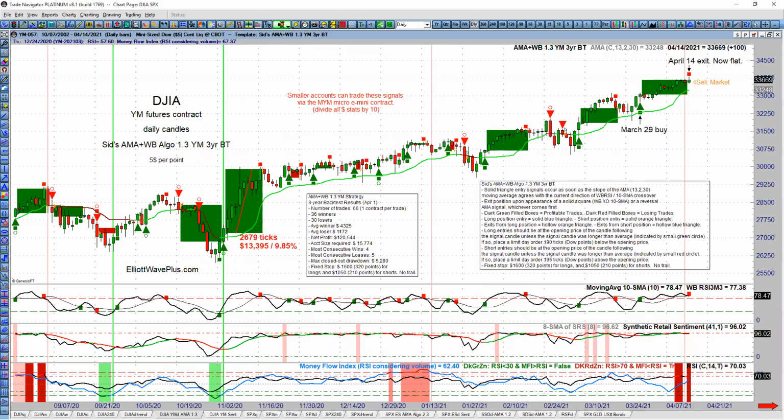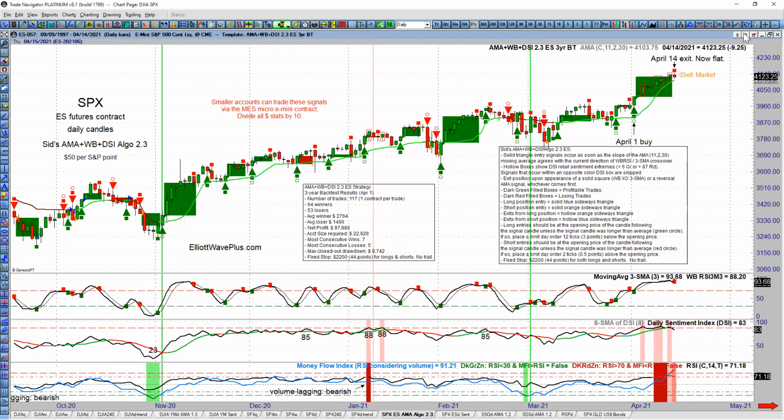We also got an exit signal tonight, but on the S&P, there's something available for it called the Daily Sentiment Index, and that's a costly item for just an individual trader to subscribe to. But I've integrated it into the algo and back tested it.